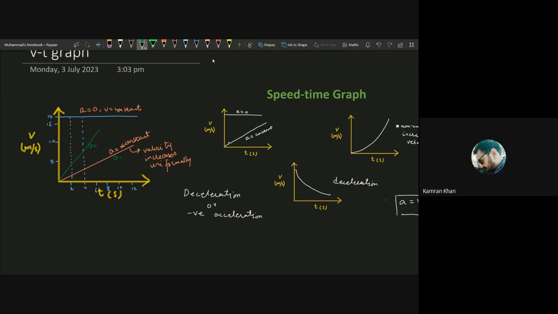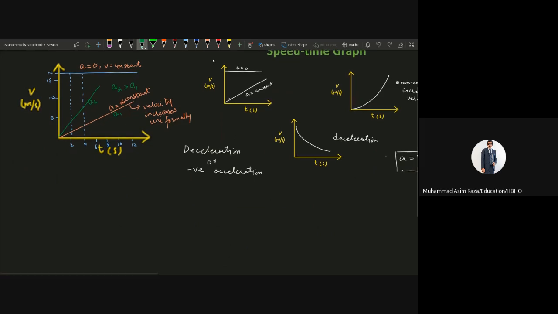Sir, a2. Yeah, exactly. So we'd say that a2 is greater than a1, because although its acceleration is uniform, its speed is increasing very swiftly. Yes, sir.